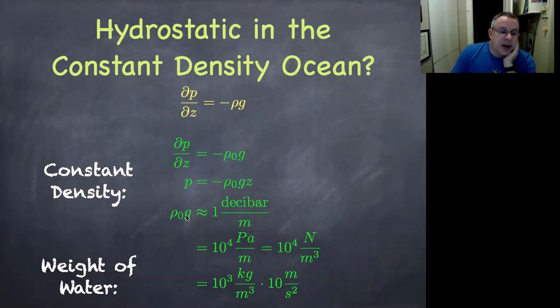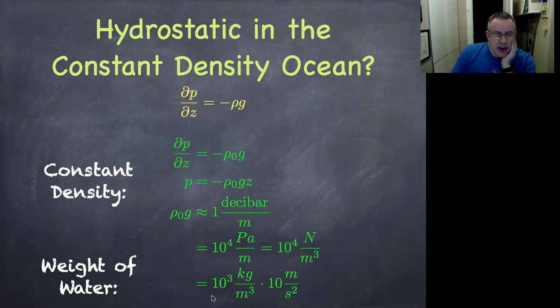And if you plug in what rho naught g is: about 1,000 kilograms per cubic meter for rho naught, and g is 10 or 9.81 meters per second squared, approximately 1 decibar per meter. If you multiply those two together, that is about 10 to the 4th pascals per meter, 10 to the 4th newtons per cubic meter.